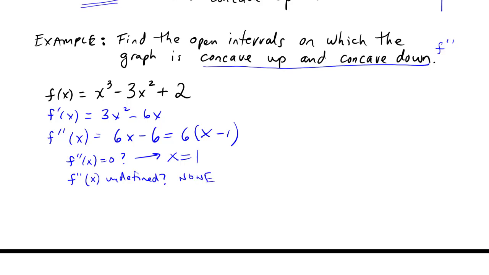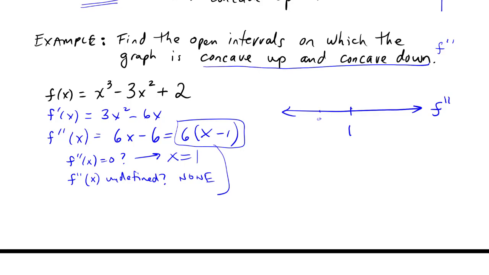It's not. Then I would make a chart again, just like I did, but this time it's for the second derivative. So now I'm going to put any discontinuities or any of these points that I just found over there. So I'm going to put 1 there. Then I'm going to go into my second derivative, and I'm going to start plugging in numbers from each region. So we could plug in 0 over here.